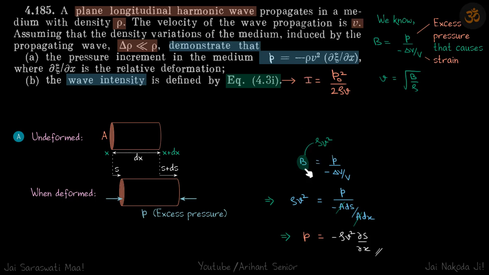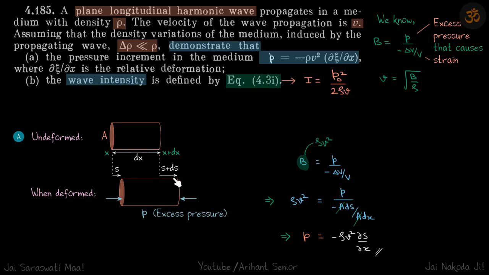So let's write B as rho V square. So rho V square is equal to P upon minus delta V by V. Now here you can see what is the change in volume. So that is relative change in length into area.